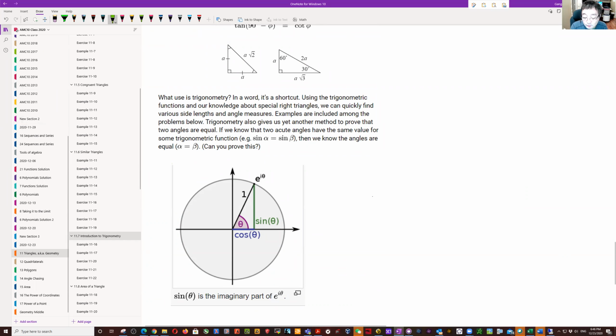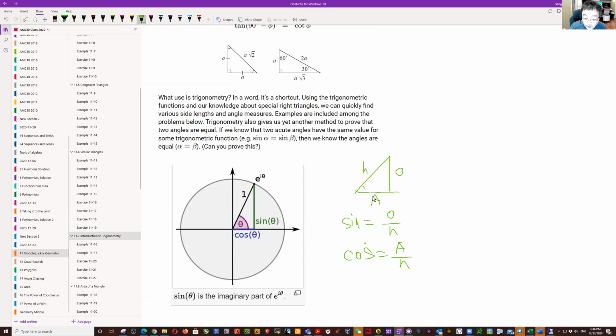It's actually quite simple to understand, because if you say this is the hypotenuse, this is the opposite, this is the adjacent, the sine is just equal to opposite over hypotenuse, and the cosine is equal to adjacent over hypotenuse.